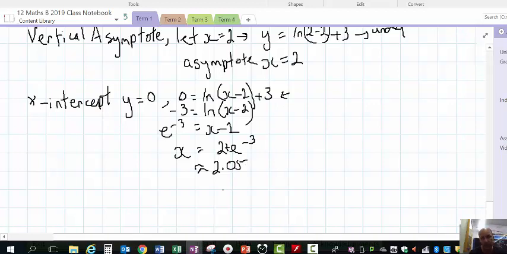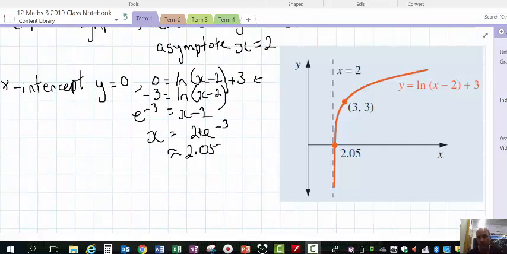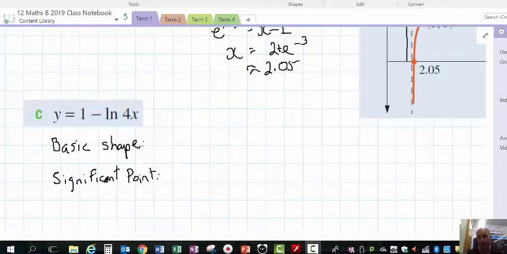We can write it as the exact value 2 plus e to the negative 3, or approximately 2.05, and then we can put all those things together and plot our sketch and label them on there. And voila, all those features are on there.